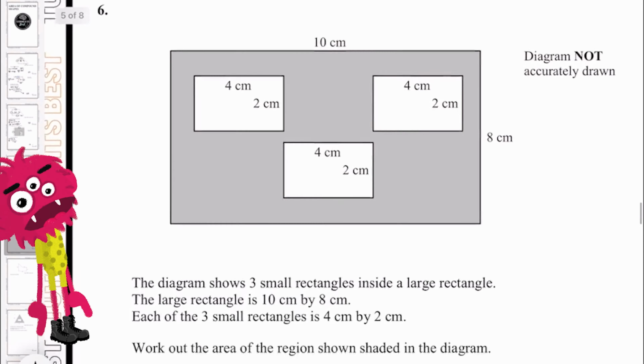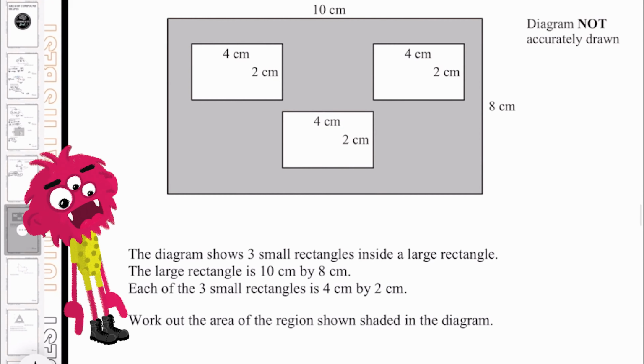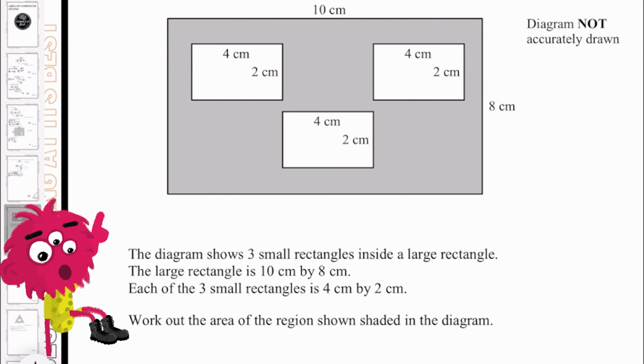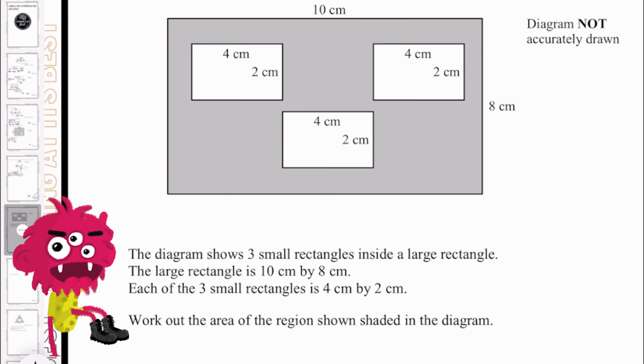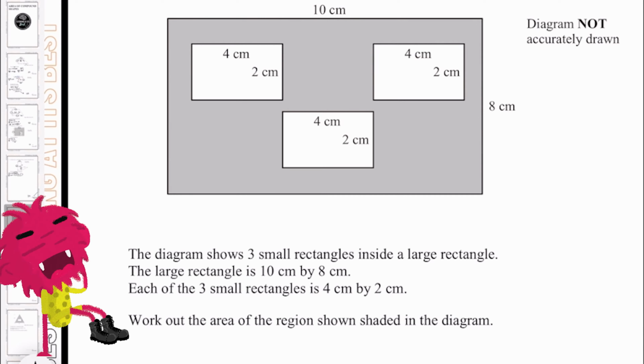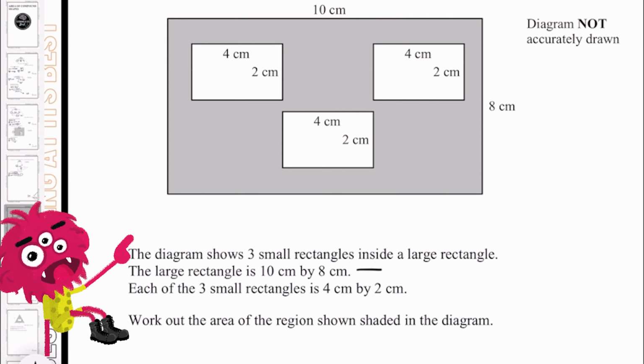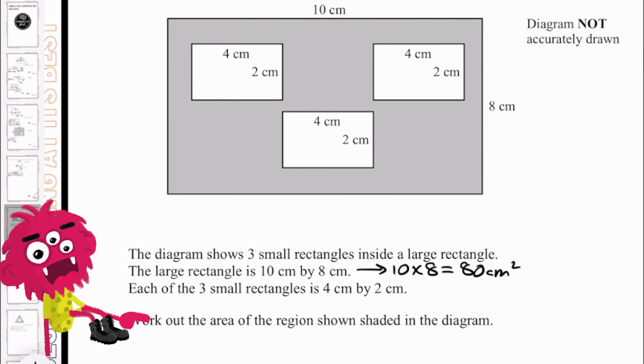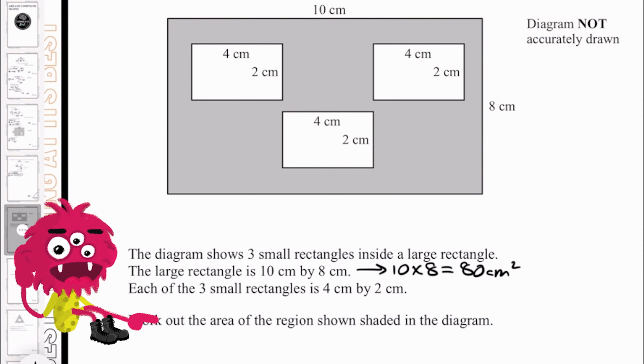Okay, question number 6. So now the diagram shows us 3 small rectangles inside a large rectangle. And the large rectangle is 10 centimeters by 8 centimeters. So instantly, if it's 10 centimeters by 8, we can have 10 times 8, which gives us 80. So now we know the total area of this large rectangle is 80 centimeters squared.